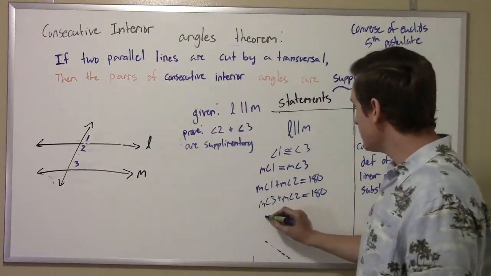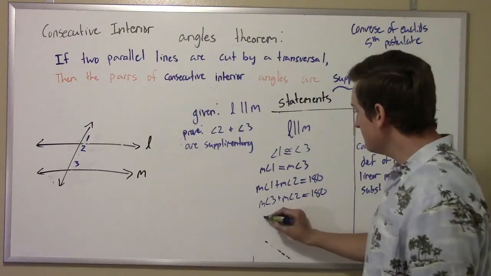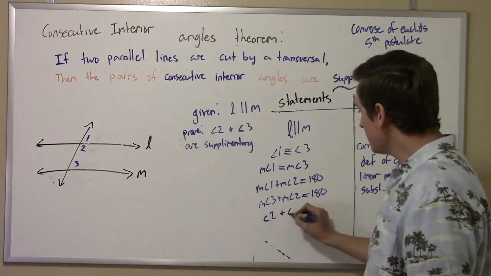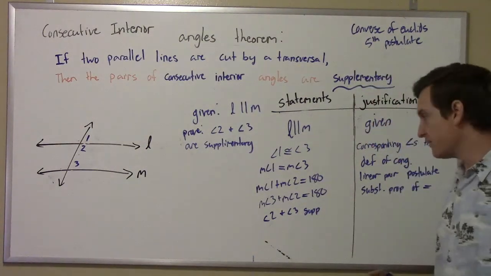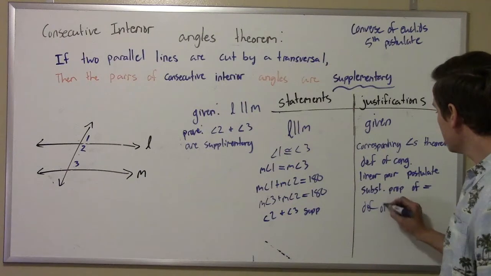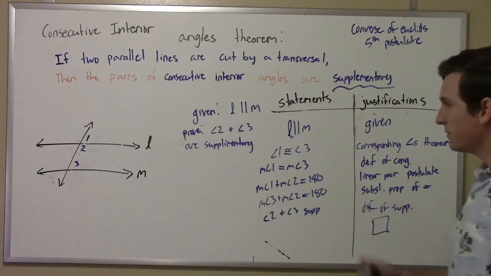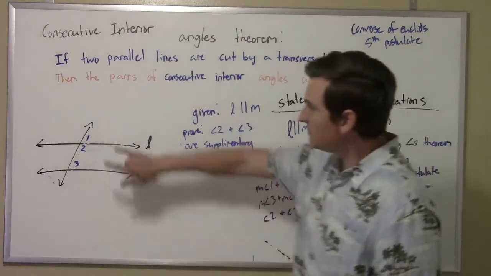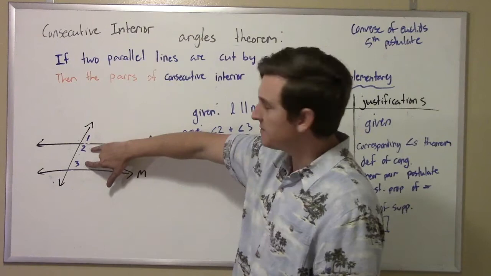And so, because their measures sum to 180, we can say angle 2 and angle 3 are supplementary. And that's just the definition of supplementary. And we're done. So, linear pair, congruent, therefore those must be supplementary.